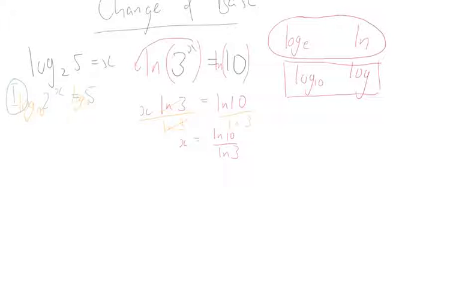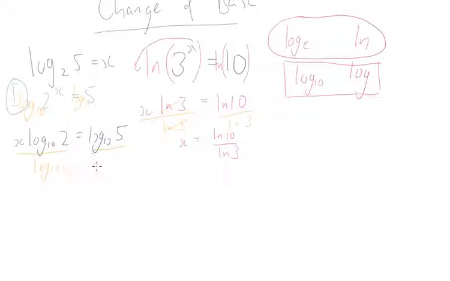So I'll get x log base 10 of 2 equals log base 10 of 5. Again, I'll divide both sides by log base 10 of 2.